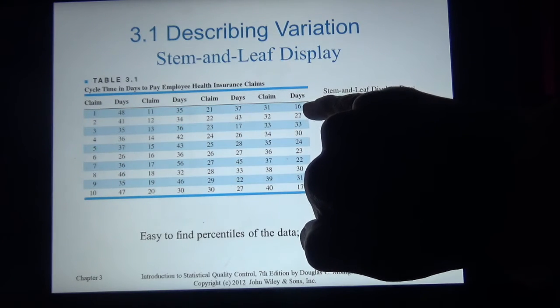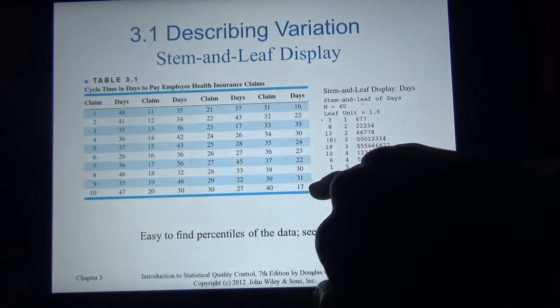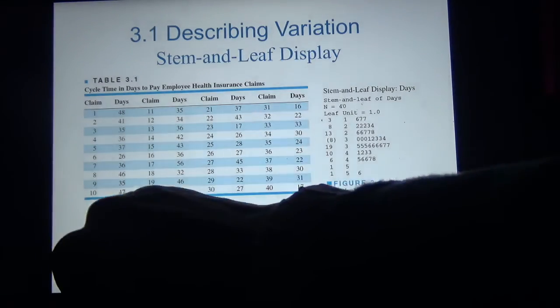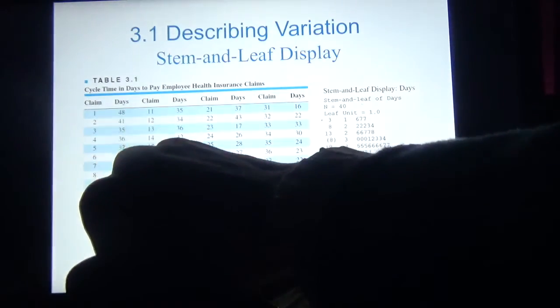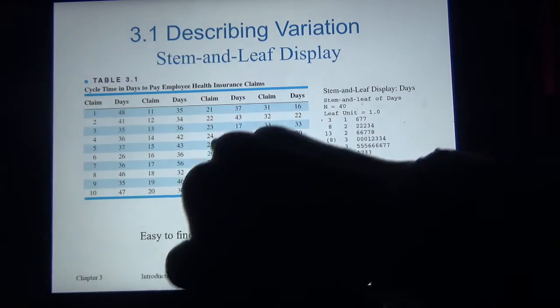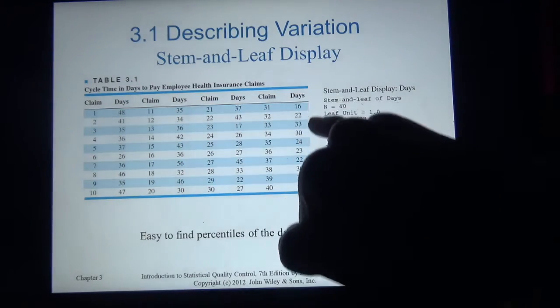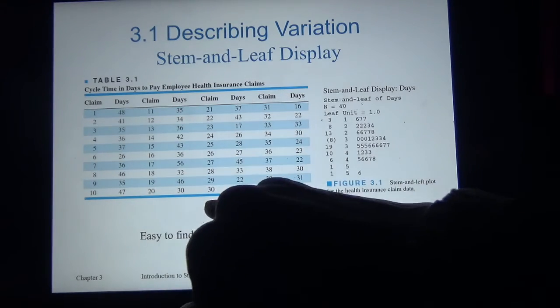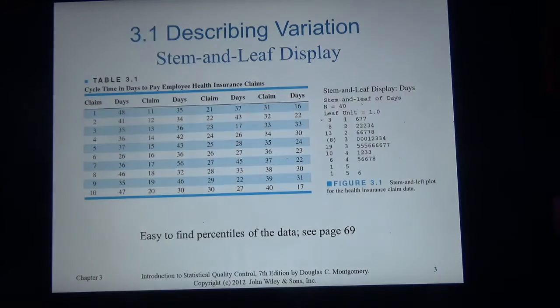So 16 is the least value here. What is the highest value? Let's look at it again. 48 we have, and then we have 56, and we don't see anything higher than 56. So we will arrange the numbers from least to the most values.